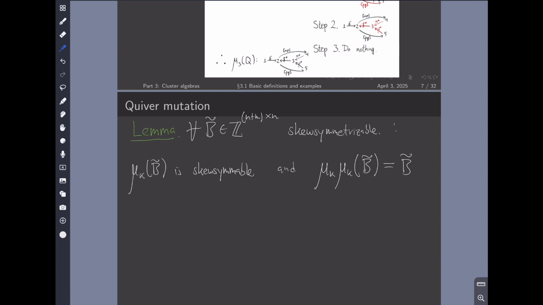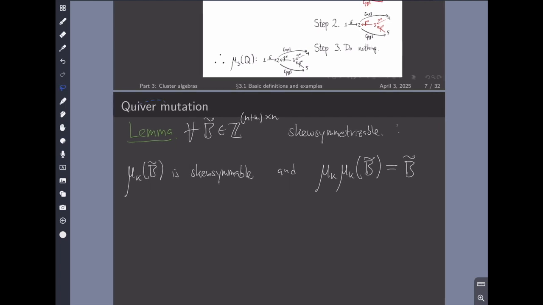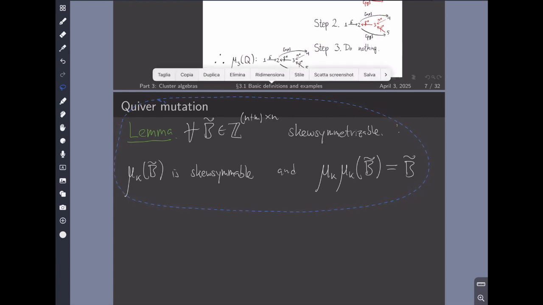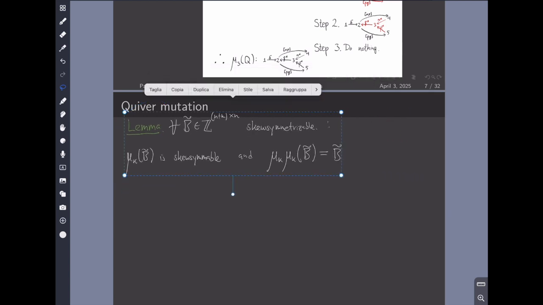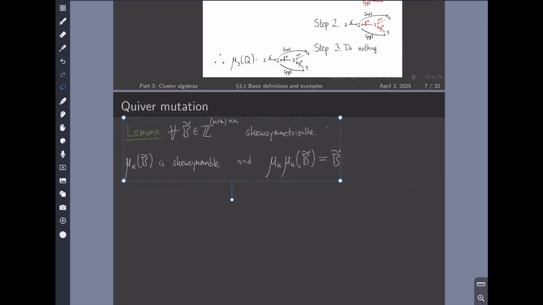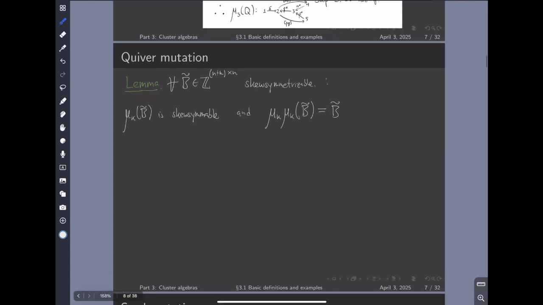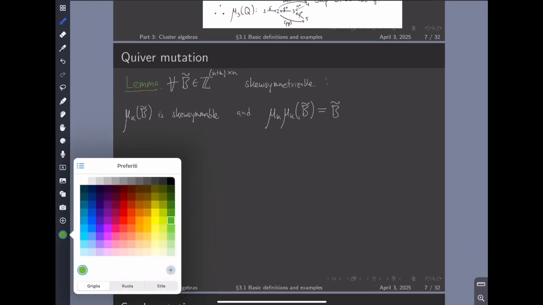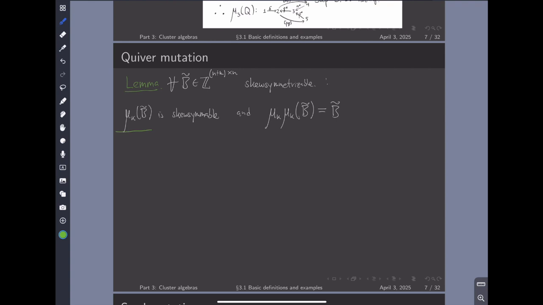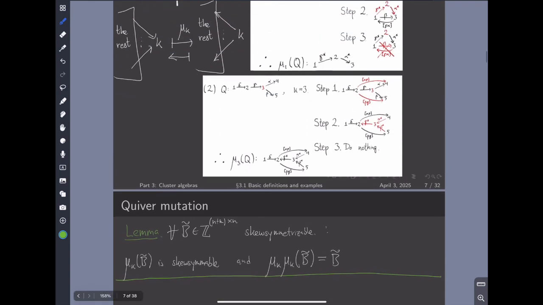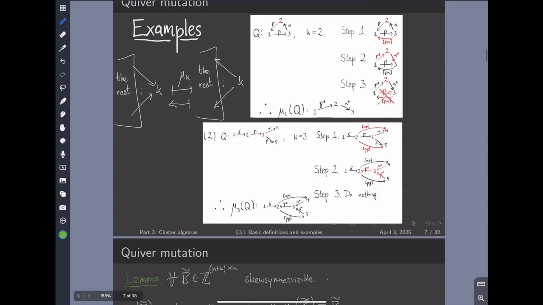So this is just the combinatorial side, the mutation of the combinatorial datum for cluster algebras. And then you can still say, yeah, but you still don't convince me. It still looks like a weird operation on quivers.